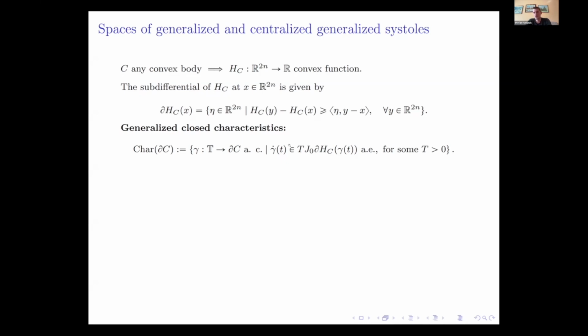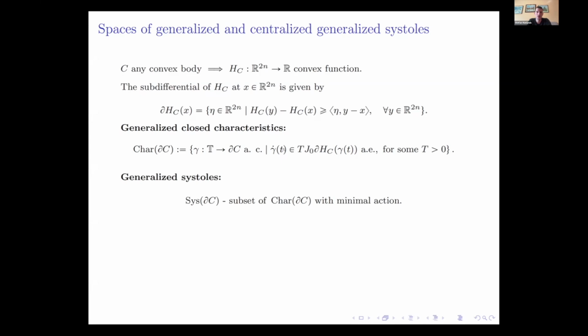And basically, because now this subdifferential is a set, instead of equality, we have that gamma prime of t belongs to a set. And moreover, we can make sense of systoles as the subset of generalized closed characteristics which have minimal action.